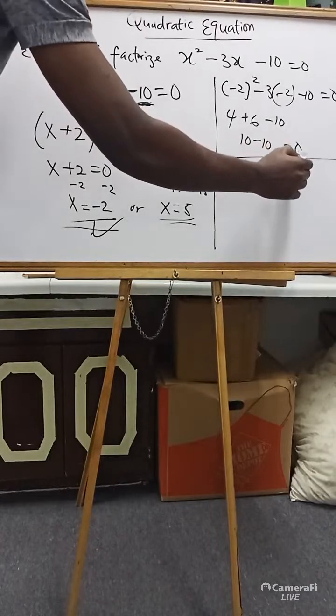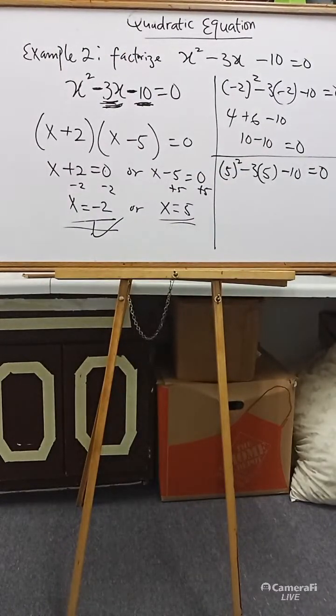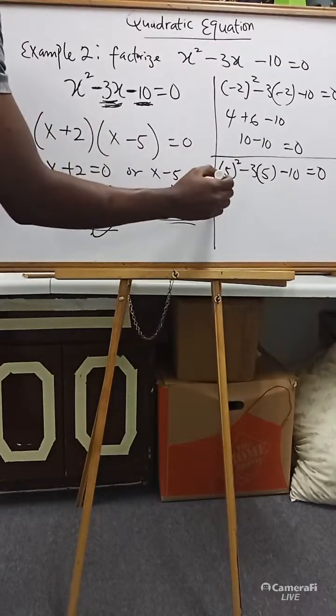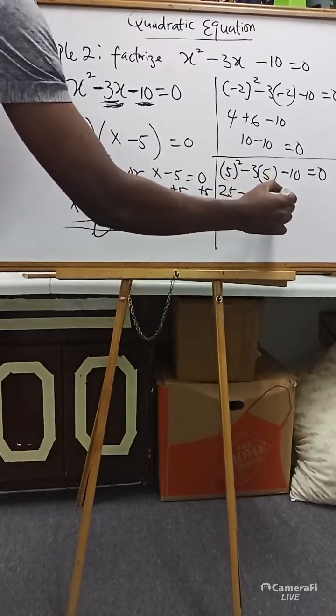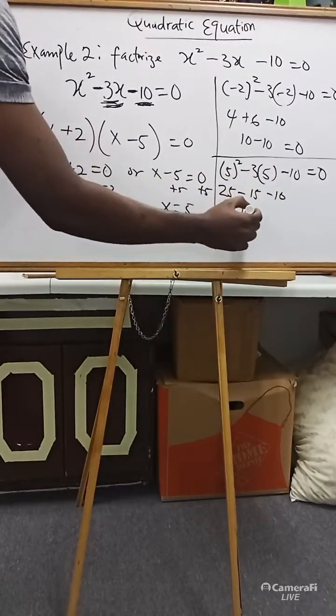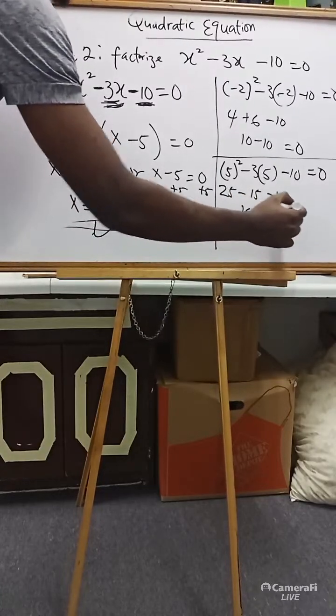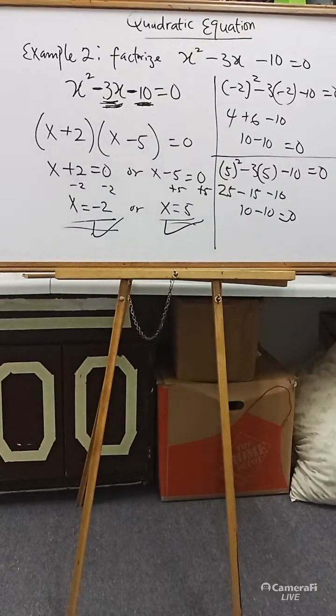Minus 10 equals 0. 5 raised to power 2 is 25 minus 15 minus 10. We want to check if it is equals to 0. 25 minus 15 is 10 minus 10 equals to 0. So that shows this is also perfect. So these are the values of x.